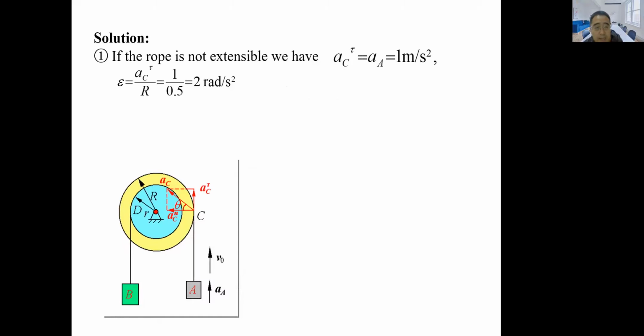Can you understand? For the first one, assume that the rope is not extensible, so it always keeps its length without any change.